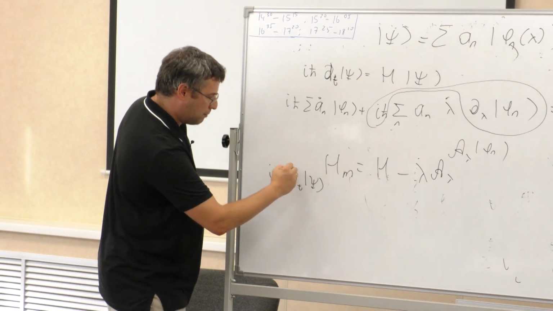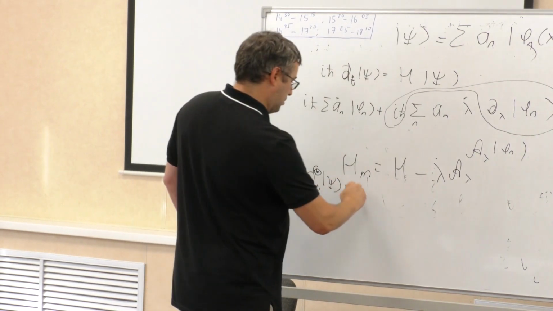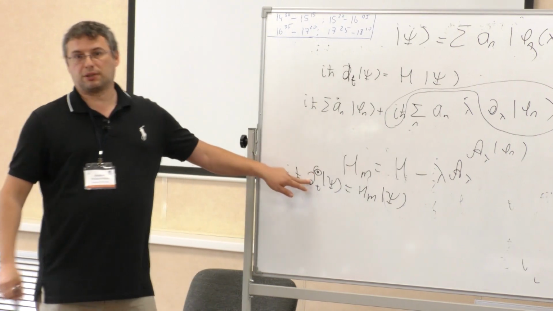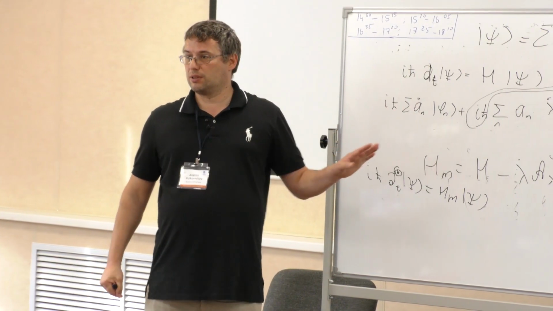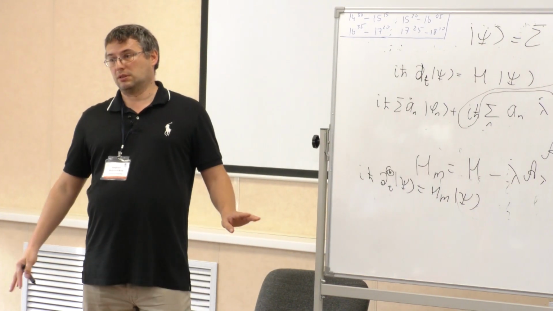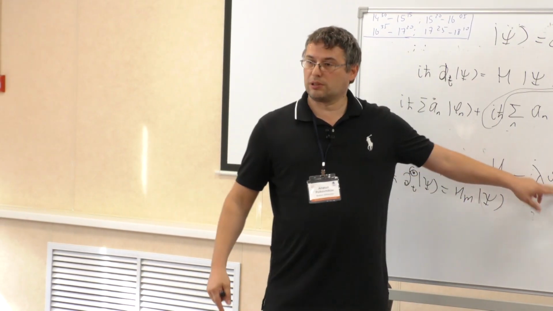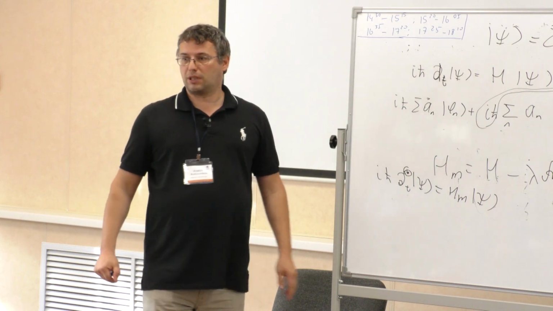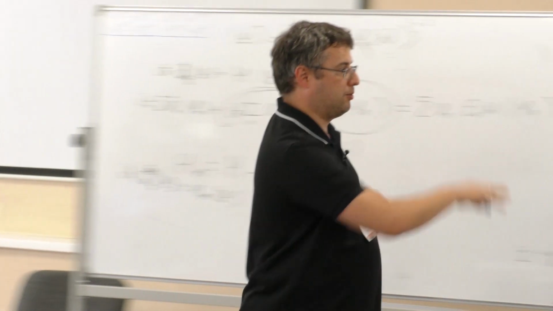Maybe I should put partial moving derivative or whatever, is equal to h moving times psi, where by partial derivative, I mean that it only acts on these coefficients, not on the basis. Even though the basis depends on time, I ignore it. So this dependence is taken care of in an additional term in the Hamiltonian. And I only study how my coefficients depend on time. And that's what I want. So these two pictures are completely equivalent.